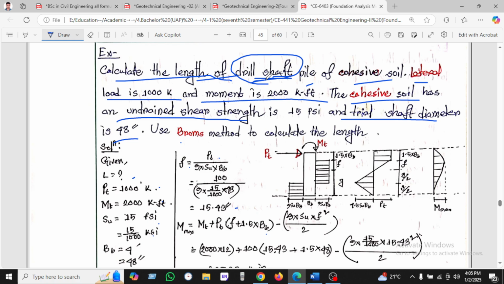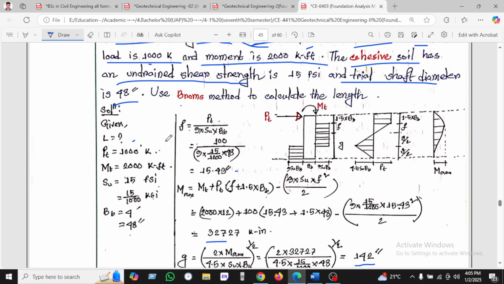They calculate the length of a drilled shaft. A drilled shaft means a bored pile in cohesive soil, and the lateral load is given as 100 kip, and the moment is 200 kip feet. The cohesive soil has an undrained shear strength of 515 psi, and the lateral shaft is 48, and use Broms' method to calculate the length.